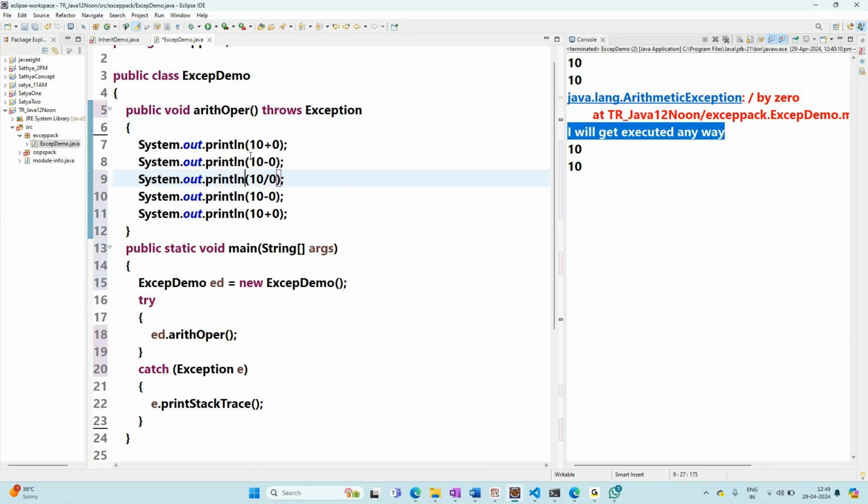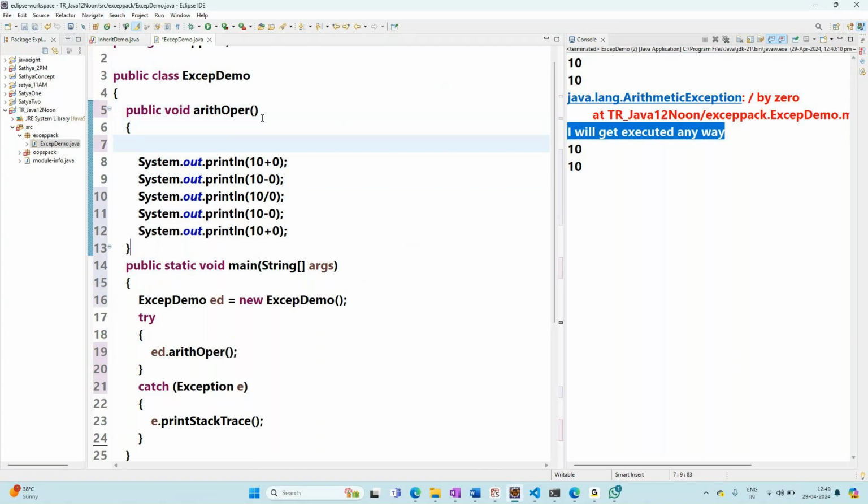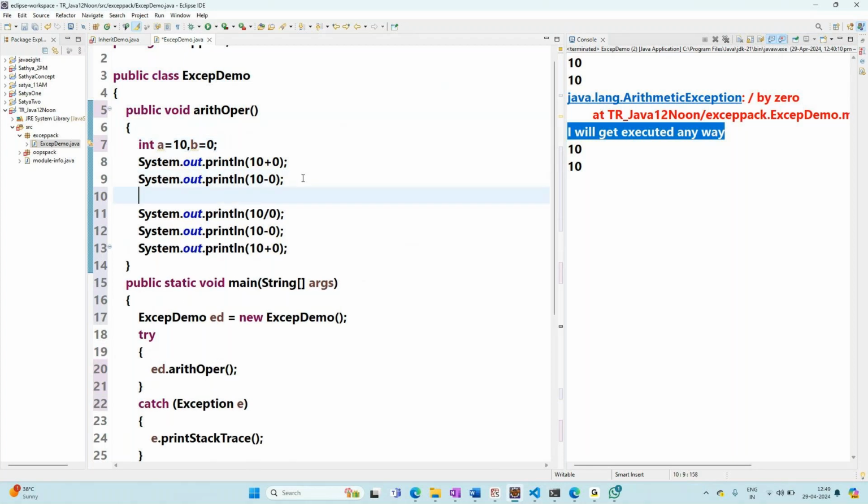Now, for example, let's say int a is equal to 10, b is equal to 0. So now I will say if b equals 0.